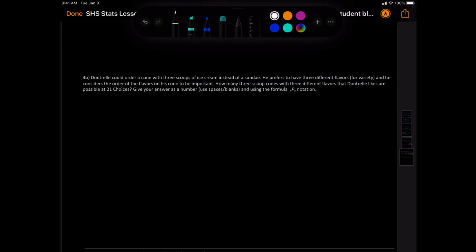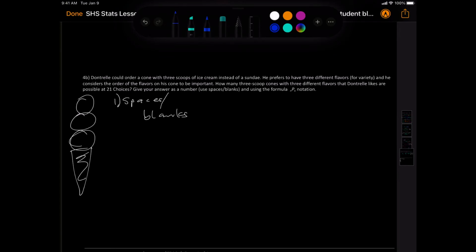Okay, so here's the cone, and you have 3 different flavors, right? So let's use spaces and blanks. For the first scoop, flavor 1, how many can he choose from? But remember now, he doesn't like all 21 of them. He only likes 18.